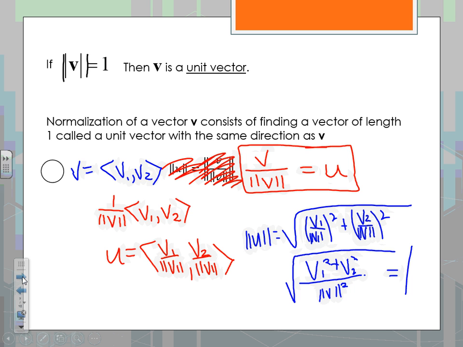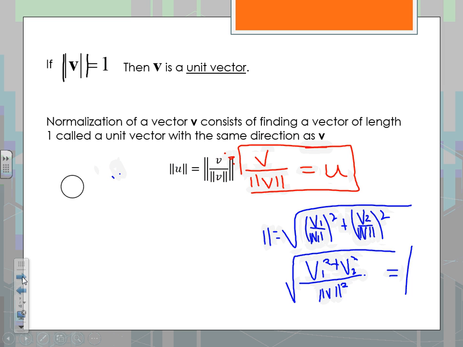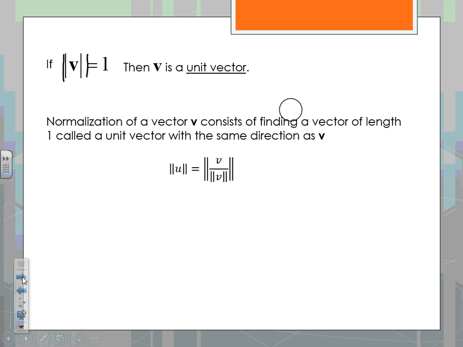So the vector 3, 4. Quickly, what's the magnitude?